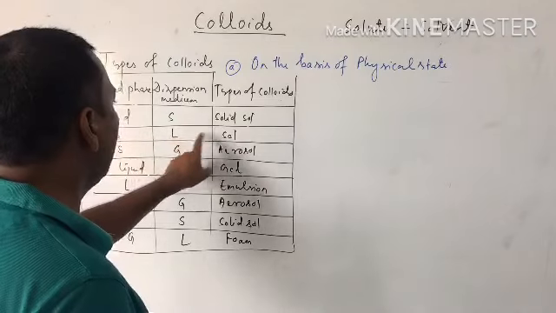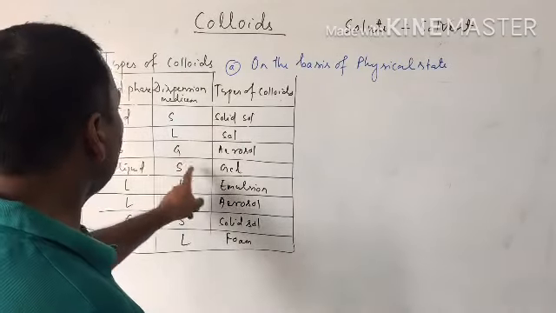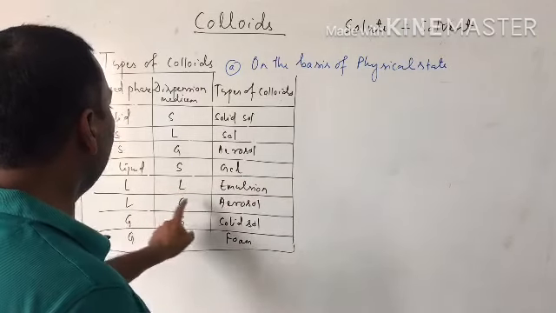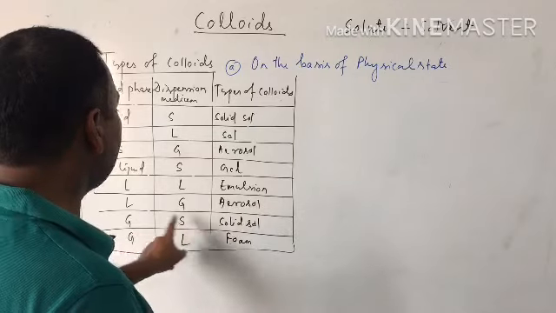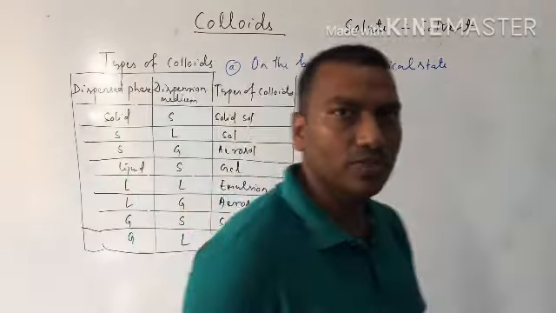Similarly, solid in liquid is sol, solid in gas is aerosol, liquid in solid is gel, liquid in liquid is emulsion, liquid in gas is aerosol, gas in solid is solid sol, and gas in liquid is foam.